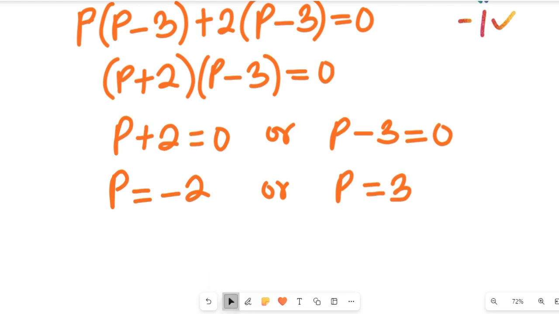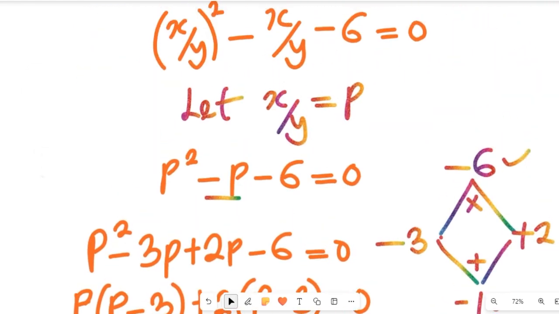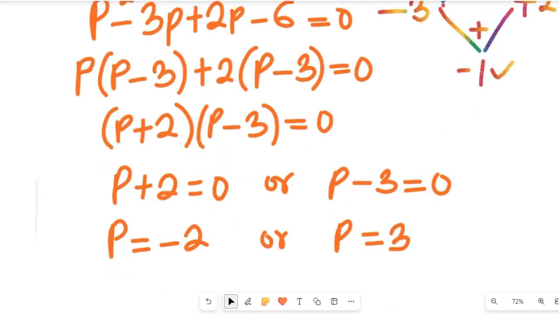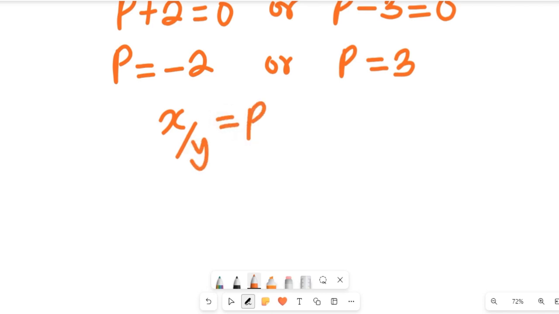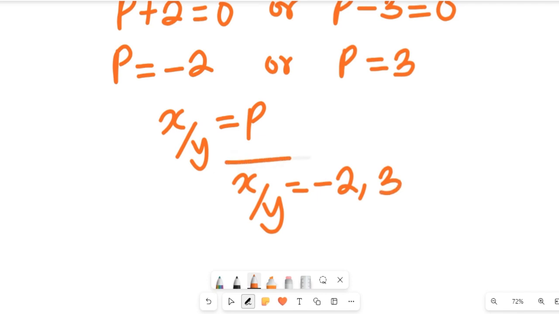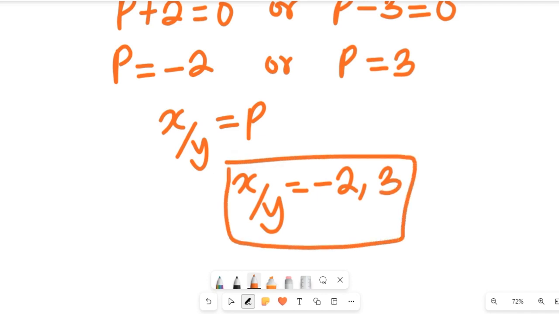So do you notice that we let x divided by y be equal to p? So that means x divided by y will be equal to -2 and what? And 3. So this is the solution to that exponential equation that is given to us.